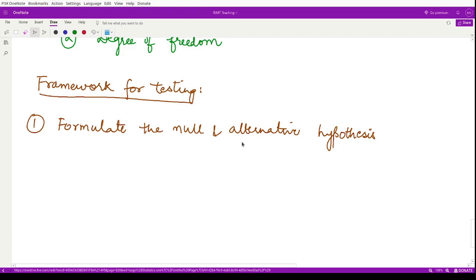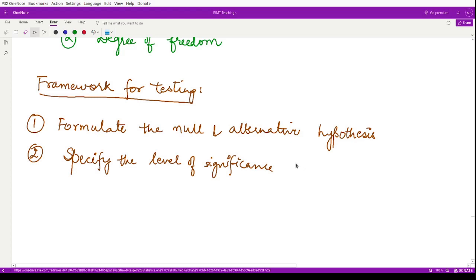Next, we specify the level of significance, and sometimes we also specify the degree of freedom, which depends on the kind of test.